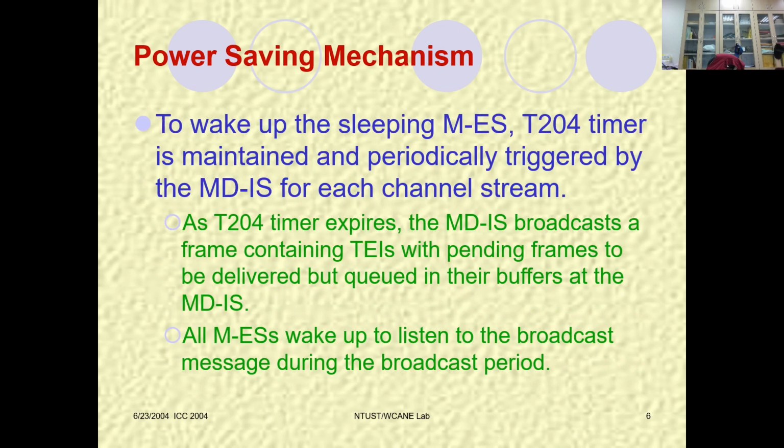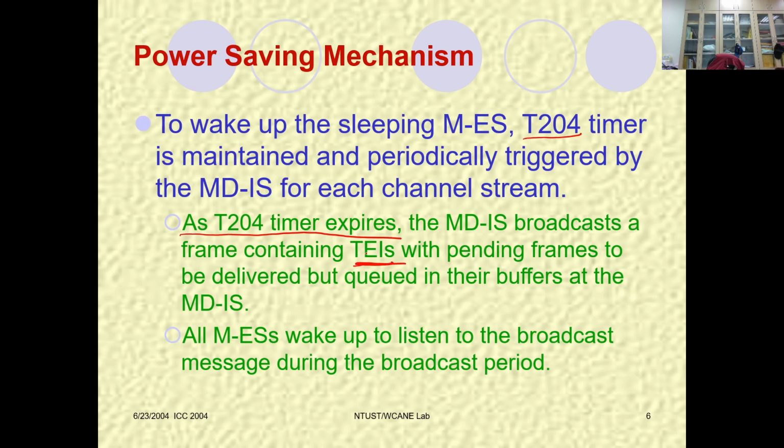To wake up the sleeping MES, we have another timer, and this timer is called T204. T204 is maintained and periodically triggered by the MDIS for each channel stream. Well, if we have this timer, actually the timer can expire. It can reach timeout, and MDIS broadcasts a frame containing TEI.